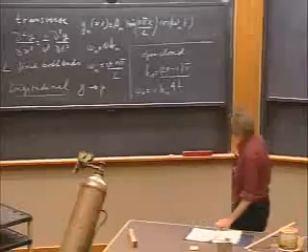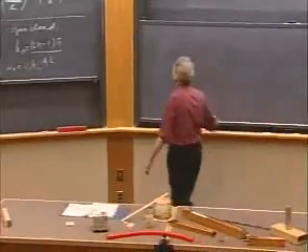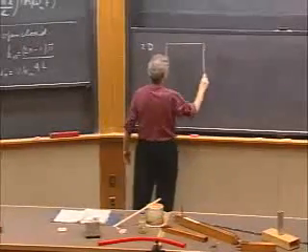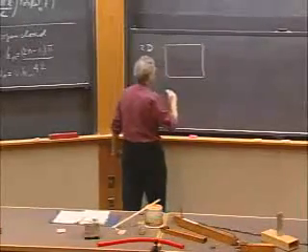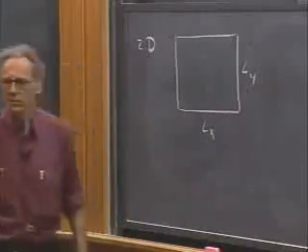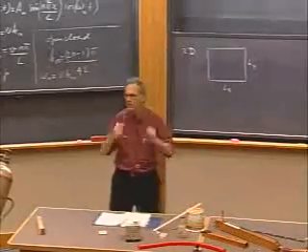And now I want to make the step from one-dimensional to two-dimensional. If we go two-dimensional, which is easy to do, and we can even demonstrate that. So this has length Lx, and this has length Ly, could be a frame with a soap film, a membrane which can oscillate.